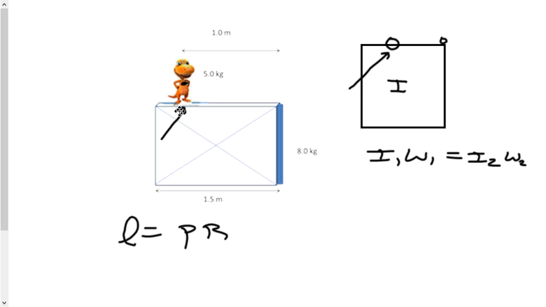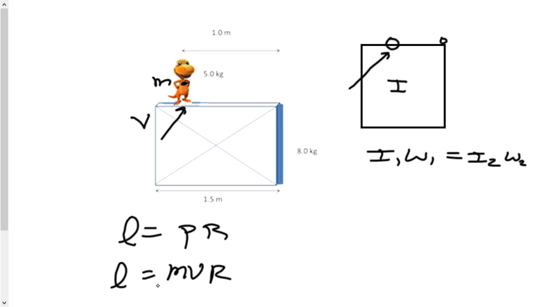So let's give Buddy an initial velocity of v, and he's got 5 kilograms. We'll just call that m. And he's 1 meter from the center of rotation when he lands on the door. So his angular momentum L is going to equal mv times r.